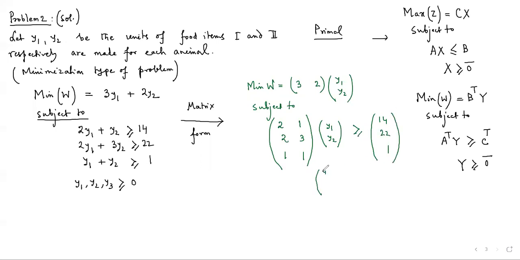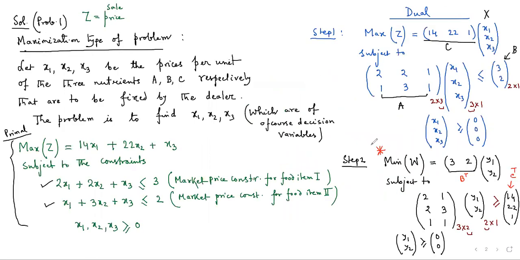And the vector y1, y2 is greater than or equal to the 0 vector. Now look at this particular formulation and look at that formulation. They are both the same.